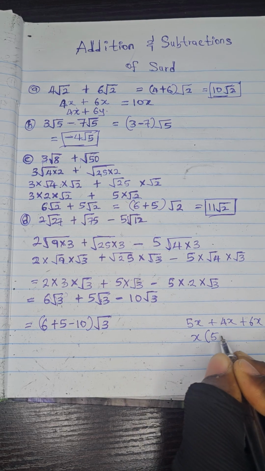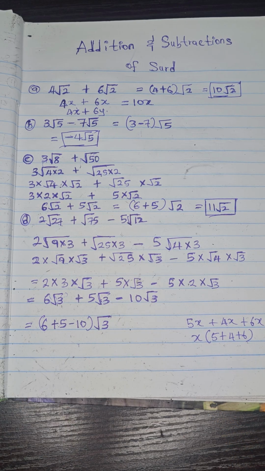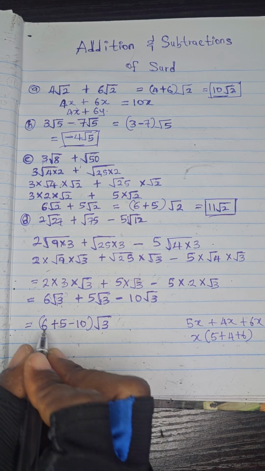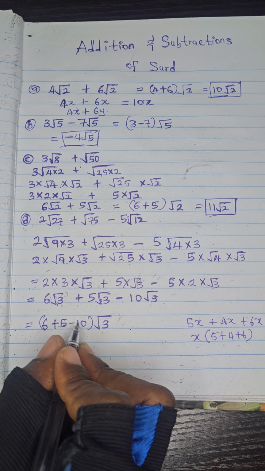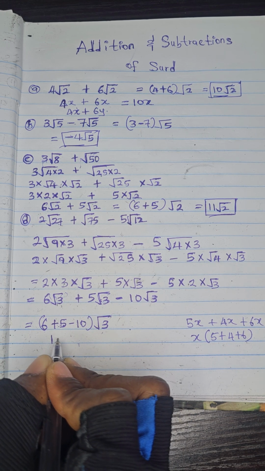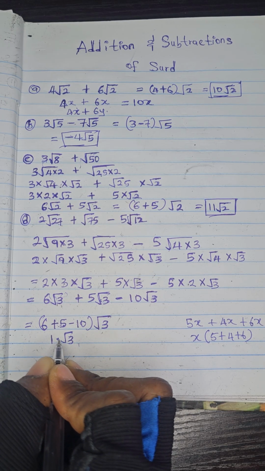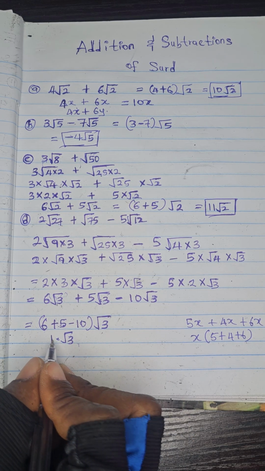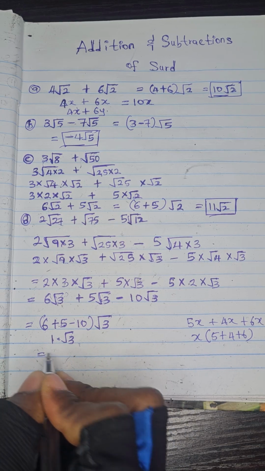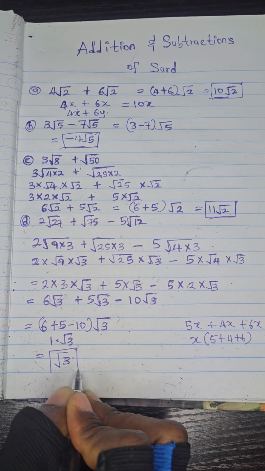Then what is left is 5 plus 4 plus 6. That's almost what we did here. So 6 plus 5 is 11. 11 minus 10 is 1. So the answer is 1 dot root 3. This dot stands for multiplication. Since 1 times root 3 is still root 3, the answer is finally just root 3. This is your final answer.